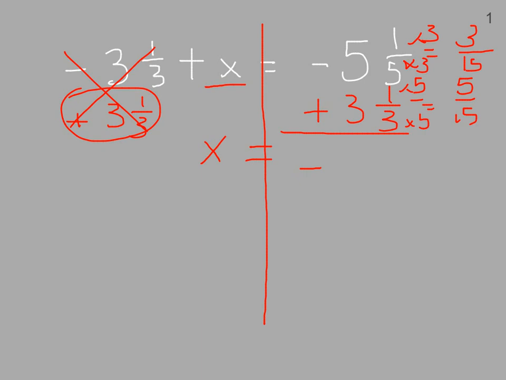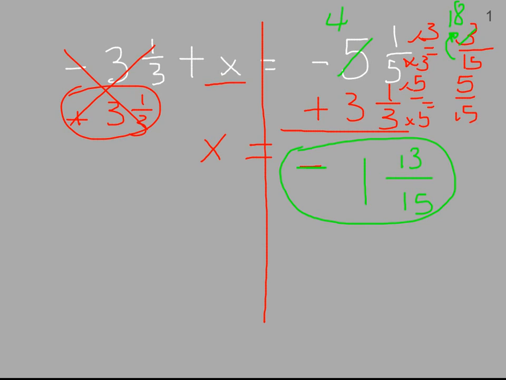I can't say 3 minus 5, so I'm going to borrow from the whole number, which is the 5, make that a 4, and that makes that 3 and 18, because remember you add the bottom to the top to get your numerator. 18 minus 5 is 13, so I have 13 over 15. And then 4 minus 3 is 1, and I already knew that my answer was negative, so this is my answer.